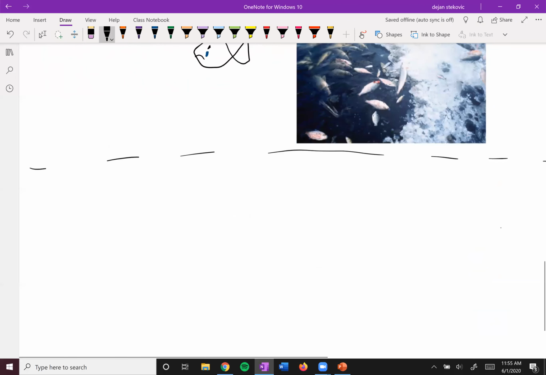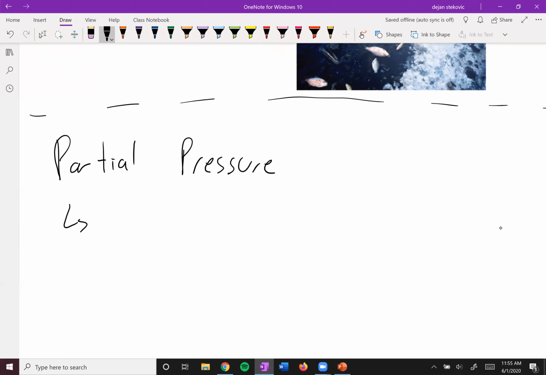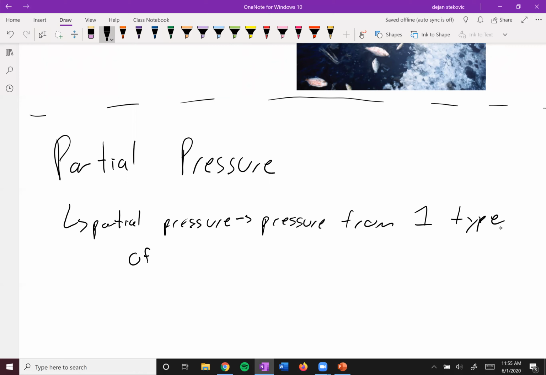Continuing on, another factor that affects the solubility of gas in a liquid is partial pressure. Remember, partial pressure from Chem 101 is the pressure from one type of gas in a mixture. When talking about partial pressure, even though there's a bunch of different gases and there's an overall pressure of the mixture of the gases, all we really care about is the pressure coming from our gas of interest.